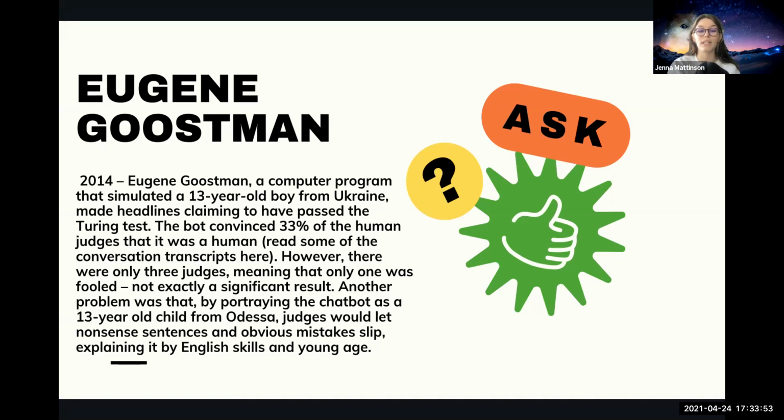However, there were only 3 judges, meaning that only 1 was fooled. So that's not super statistically significant. Another problem was that by portraying the chatbot as a 13-year-old child, judges would let nonsense sentences and obvious mistakes slip because they thought it was just English skills and young age. So who's to say?